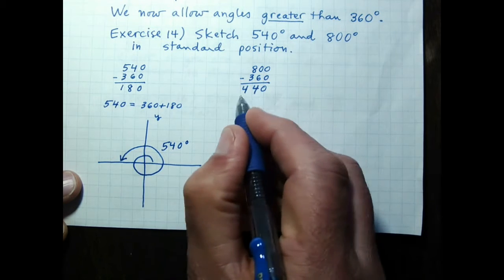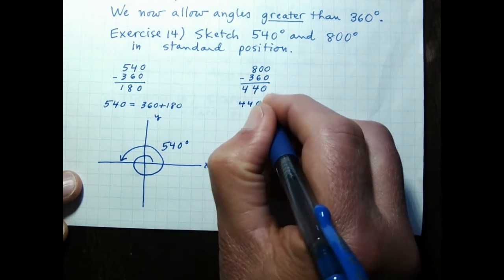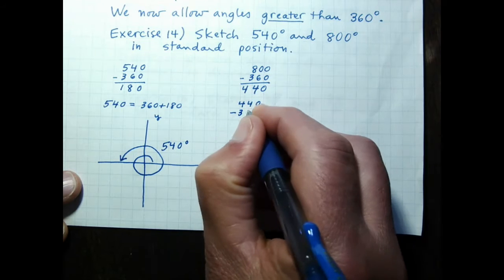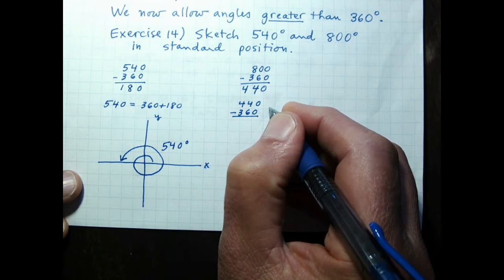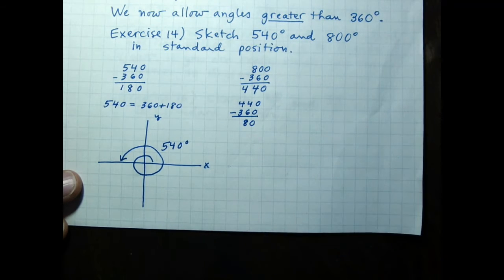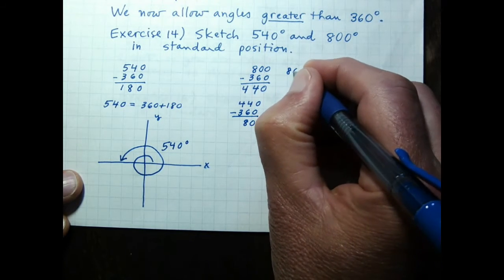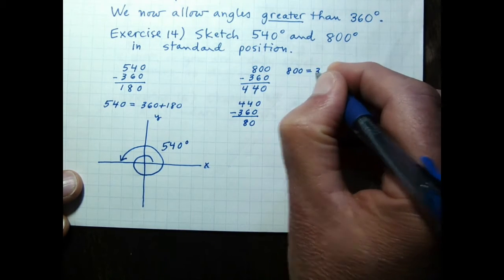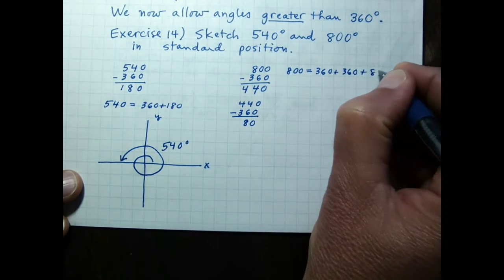I'm still larger than 360, so I'm going to subtract another 360. Looks like I've gone around the circle twice. And 440 minus 360, is that going to be 80? So again, the observation I'm making is that 800 degrees is 360 plus 360 plus 80.